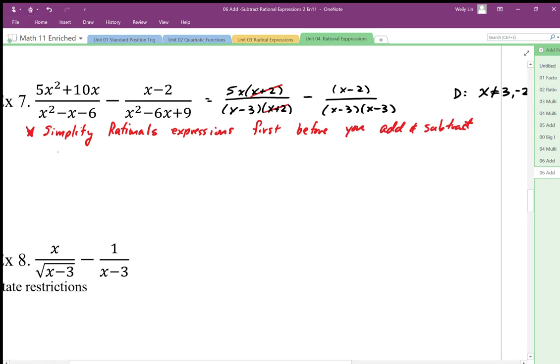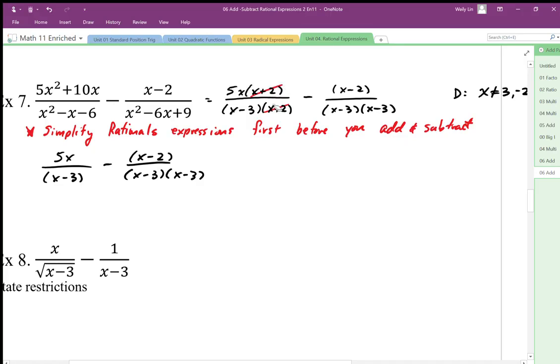So I end up with 5x, x minus 3, minus x minus 2 over x minus 3, x minus 3. So if I were to multiply this by x minus 3 and x minus 3, I'd end up with a third degree polynomial here if I didn't cancel these out.